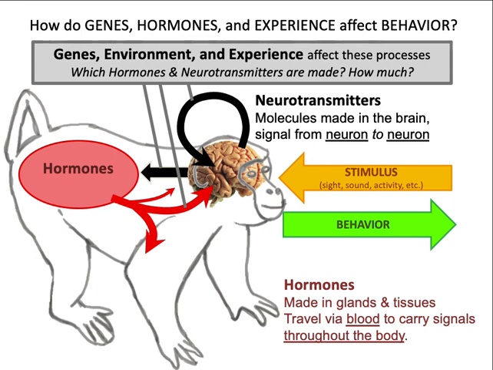There are multiple factors that all interact, including, by the way, in humans, this idea of culture to determine behavioral outcomes. But in general, this is the kind of framework that we use to understand and explain the biology of behavior. And so let's go through different examples of genes, experience, and environment that influences behavior.